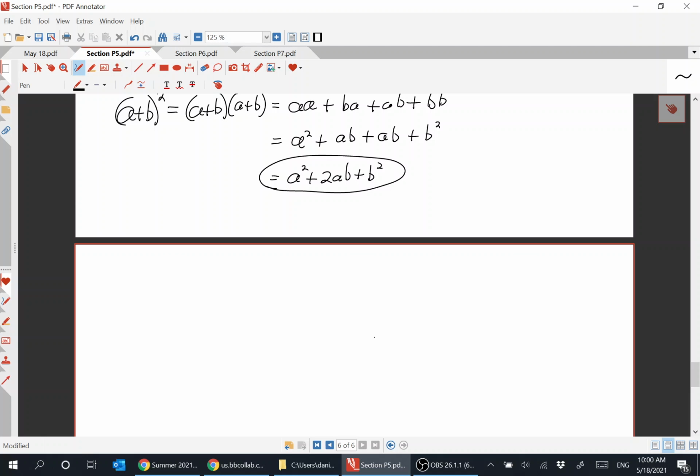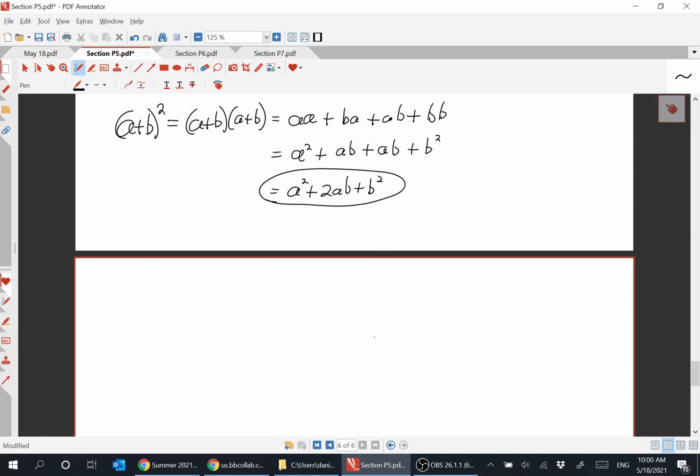So it's actually fairly complicated to evaluate a plus b to the n. I mean, just for a plus b squared, it's already a little bit of a mess. A plus b to the third, right? Well, that's a plus b times a plus b times a plus b.